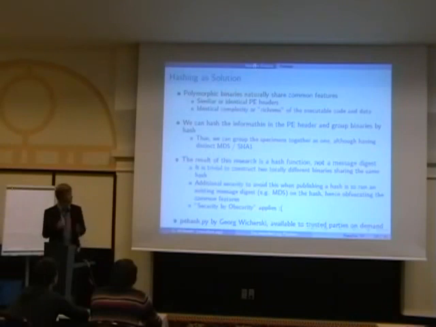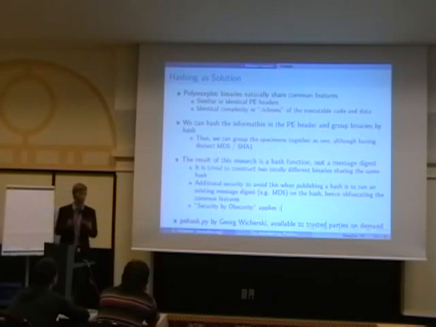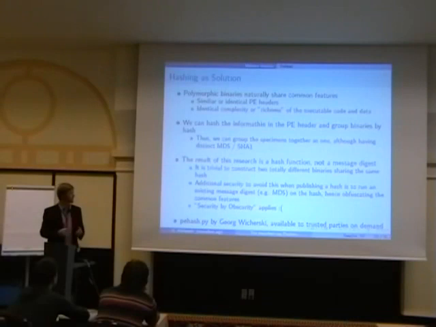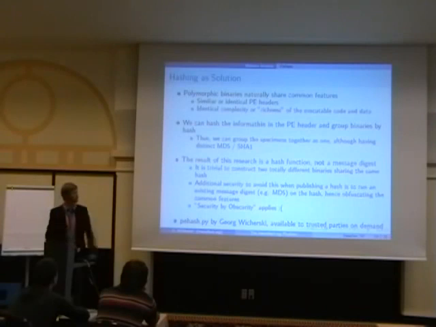It's important to note that the result of this research is a hash function and not a message digest. So it's very trivial for an attacker to construct two binaries with entirely different content which share the same hash value, because it's a hash function and not a message digest. It's a cryptographic difference. So security by obscurity applies here. If we tell attackers how our hash function works, they can just construct collisions and therefore circumvent our research.